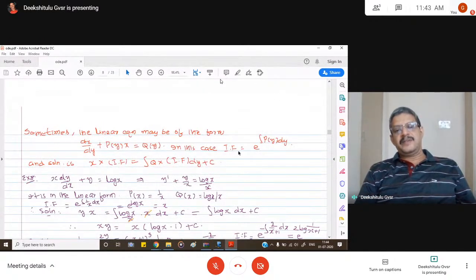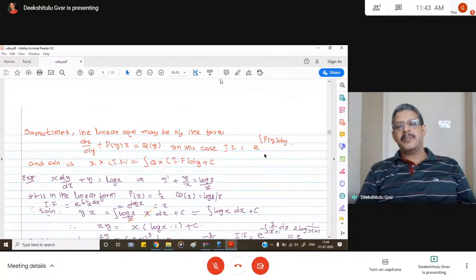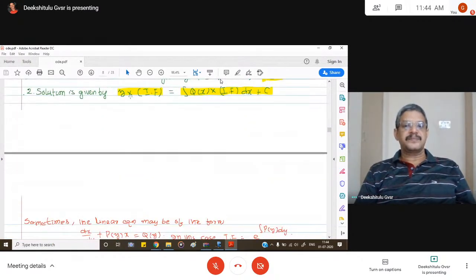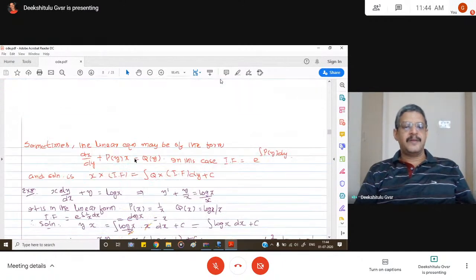Then in a similar way, the integrating factor is e power integral p of y dy. Once you have the integrating factor, just like in the previous case, with x and y interchanged, x into integrating factor is equal to integral of q of y into integrating factor dy plus c. This is the solution for the given problem.